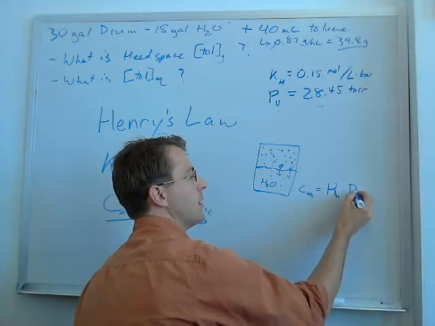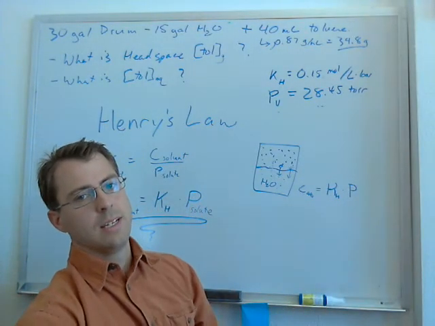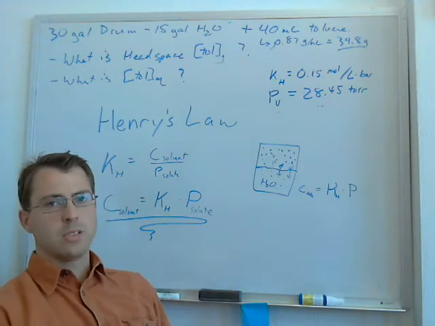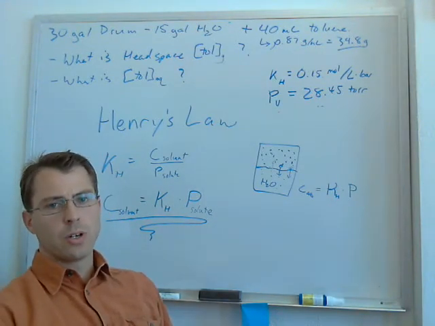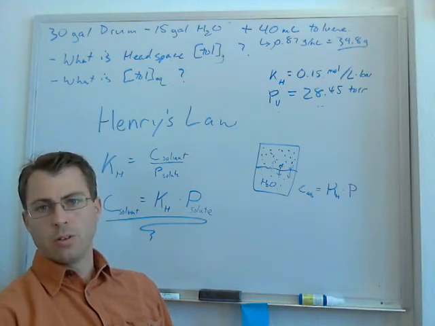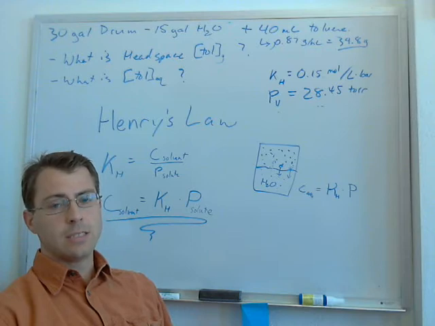And so we express that concentration as a pressure. Typically you'll see Henry's law constant values in chemistry textbooks as moles per liter per millimeter mercury, or per torr. And that's the conventional way of seeing it expressed.